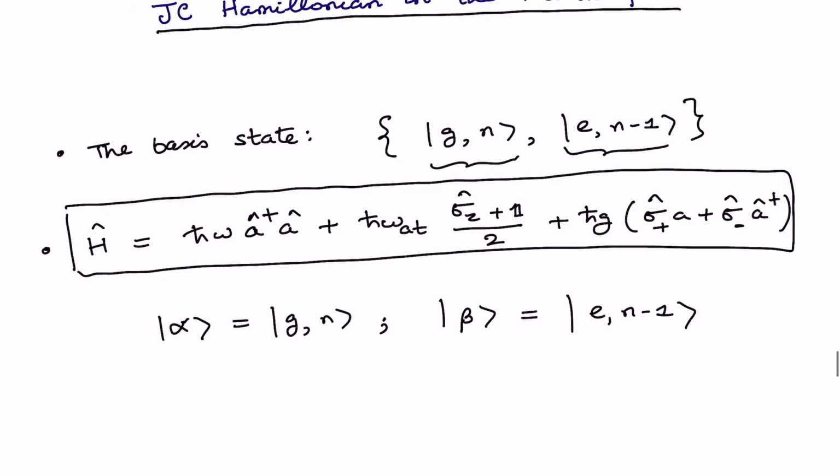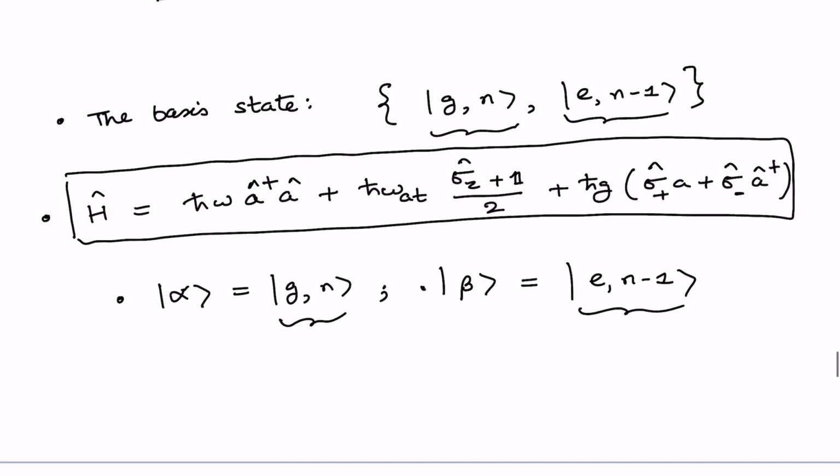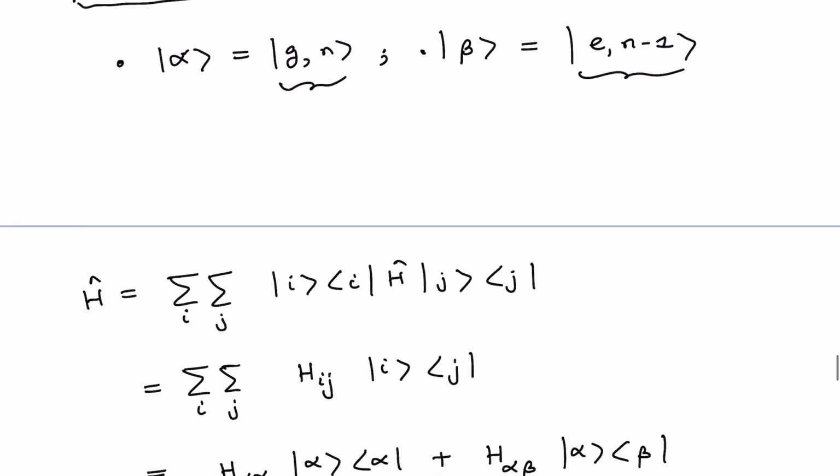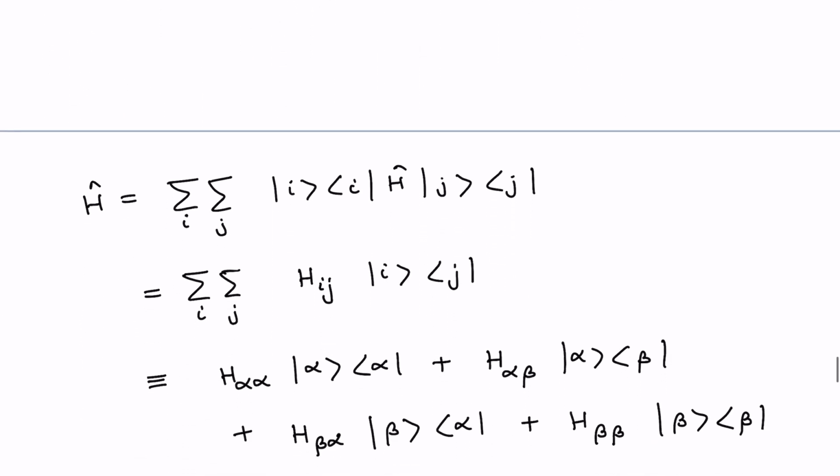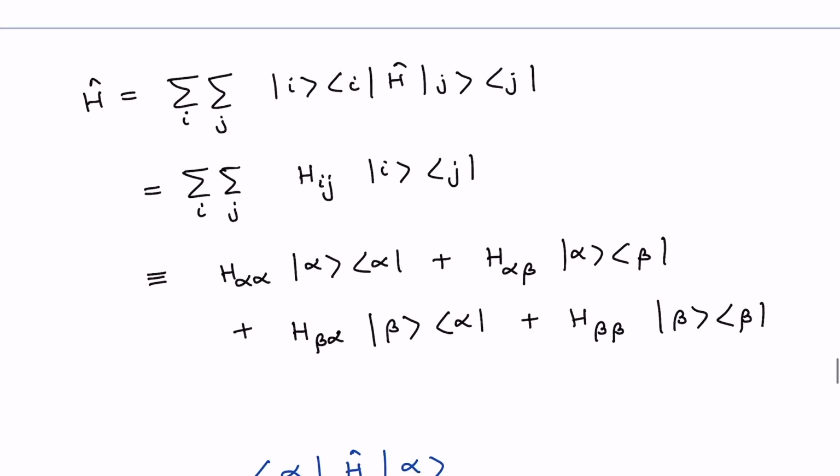Now taking ket alpha as ket g, n and ket beta as this, just a shorthand notation for these particular basis states, I can write down the JC Hamiltonian in this particular form, and we are familiar with this form, right?